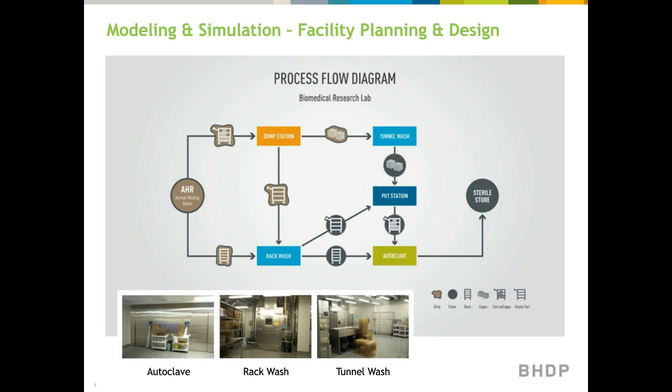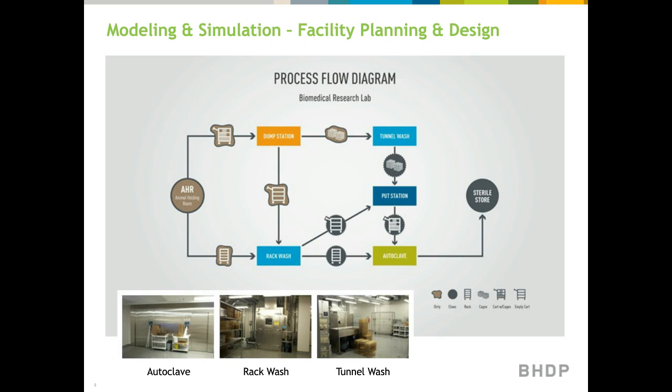After they are all cleaned, we put the clean carts and cages together and then go through the autoclave, as well as the clean racks. Next, I'm going to jump into the model and show you how we made all this happen in the modeling simulation.